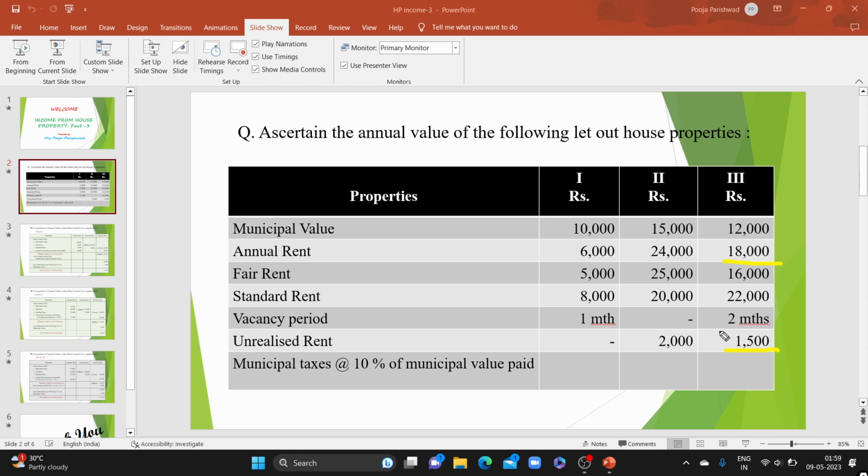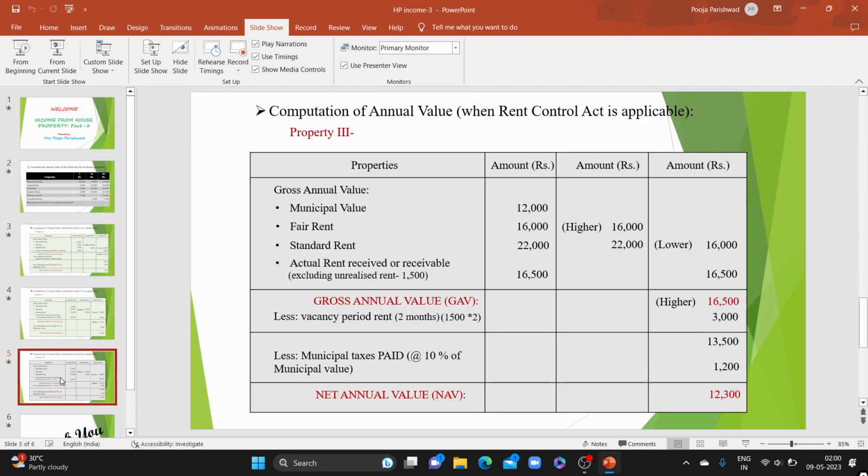Also a vacancy period of 2 months is given in case of house property 3. You have to consider that vacancy period rent also. Okay.